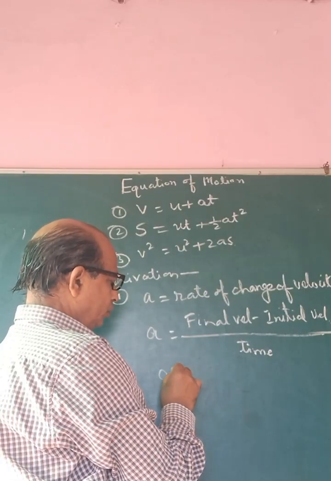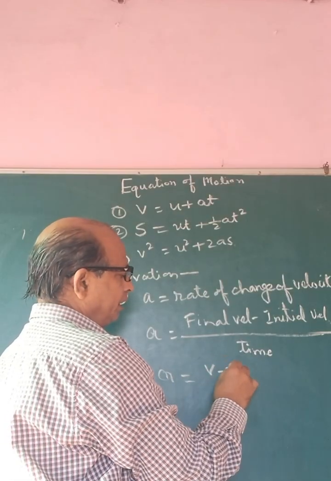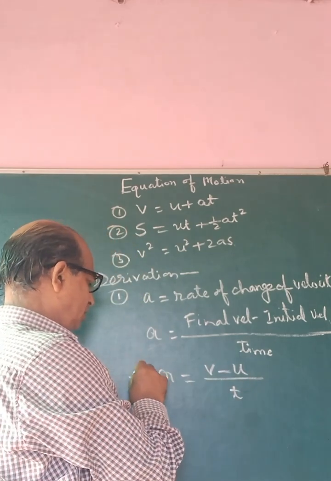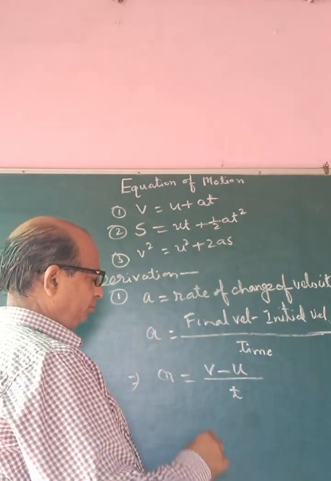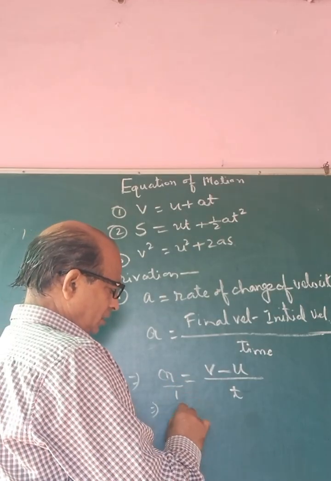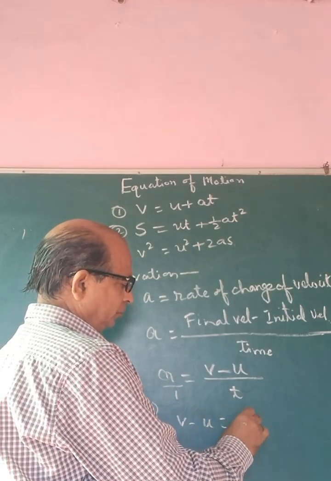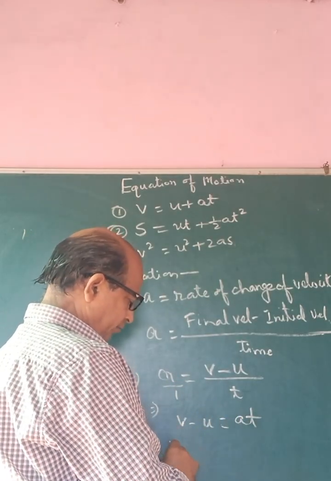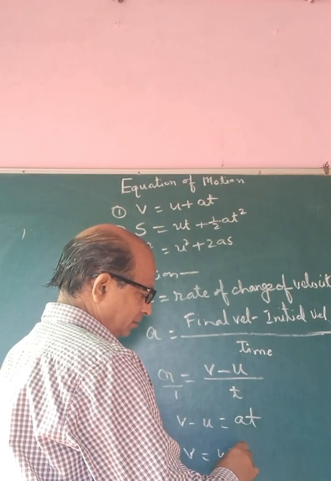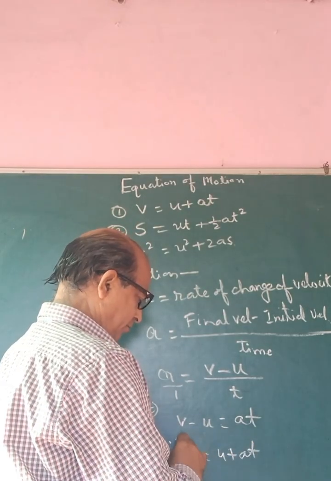So a is equal to v final velocity, minus initial velocity u, over time t. On cross multiplying, v minus u is equal to at. Therefore, v is equal to u plus at.